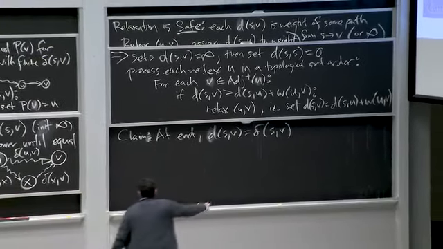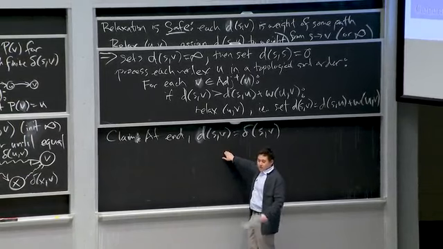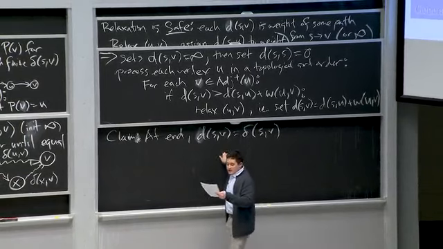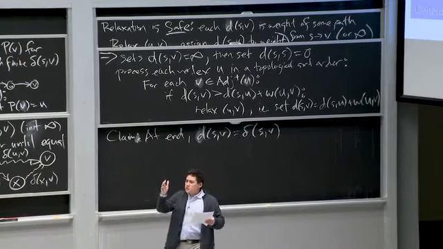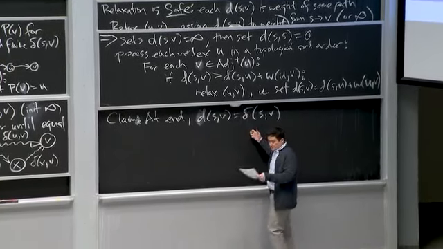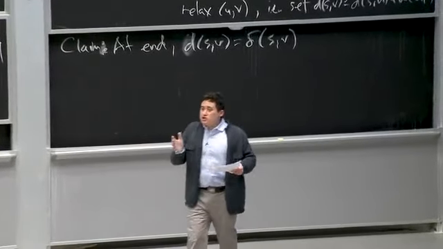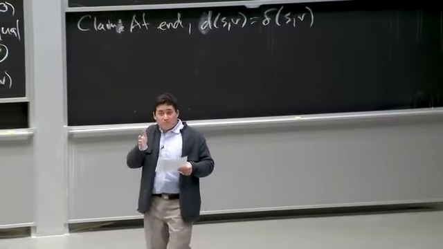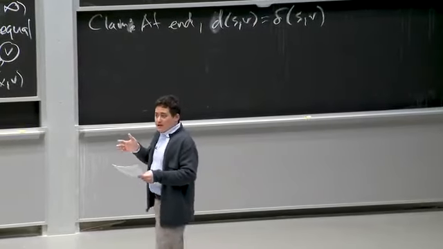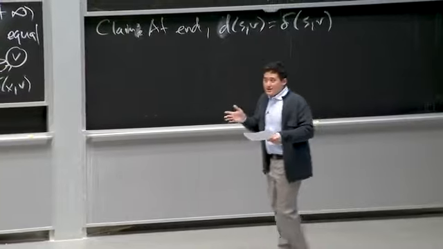assuming that these distances are all correct for the ones before me in the topological order, I can prove by induction. We can consider a shortest path from S to V, the kth vertex, and look at the vertex preceding me along the shortest path. That vertex better be before me in the topological order, or we're not a DAG.